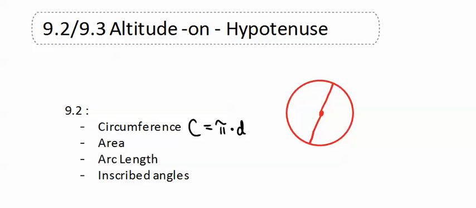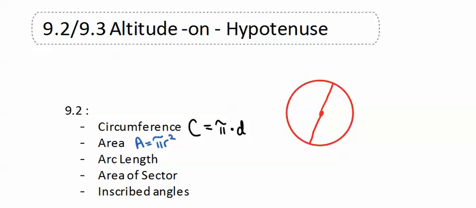The area of a circle can be calculated by pi r squared. The next one is an arc length. And what the arc length is, it's a portion of the circumference.